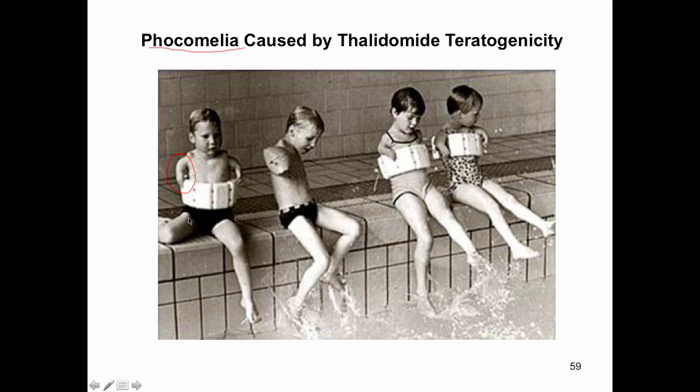About 46 countries had babies born with these birth defects. Okay? So thalidomide was banned, obviously, and it has actually found its way back on the market, with, of course, very strong warnings against use during pregnancy. But I believe that it's being used nowadays for things like leprosy and multiple myeloma.